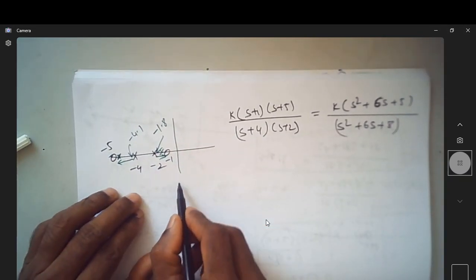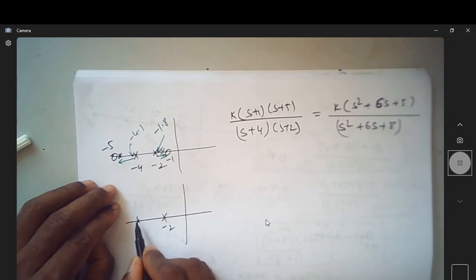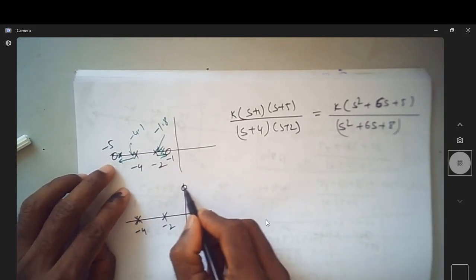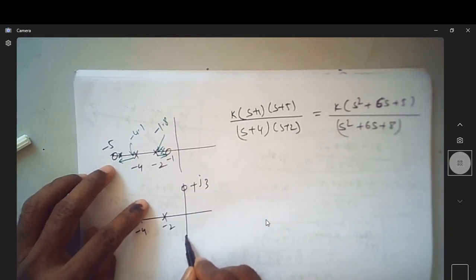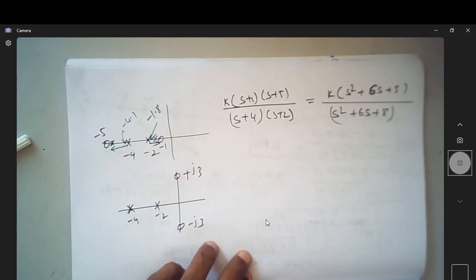Now let us take the same example. Let us have the poles at -2 and -4. Let us have the zeros at plus j3 and minus j3, on the imaginary axis.